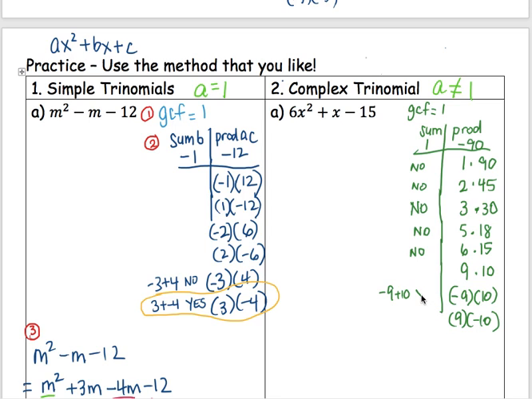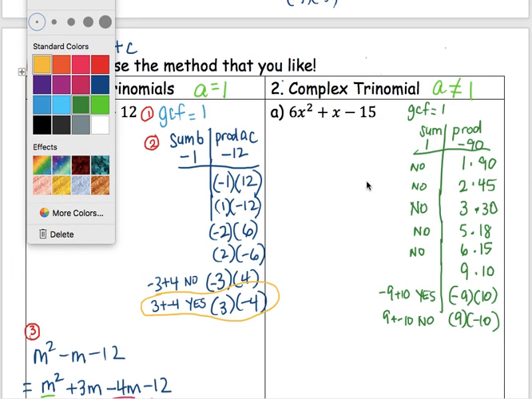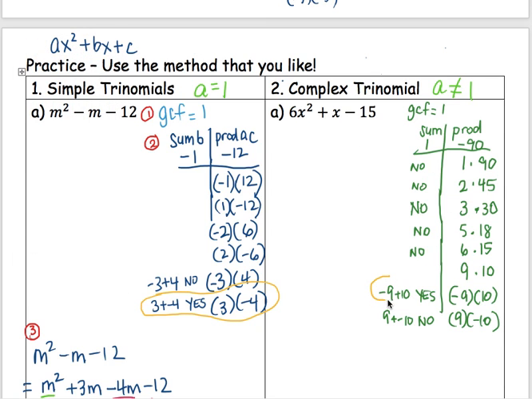Yes. Okay, so we found our pair. If you wanted to check the other one, you're going to get a negative 1, so this one is a no. Okay, so we found our pair that we need, and that's what we're going to use for our decomposition step that's coming up next here.